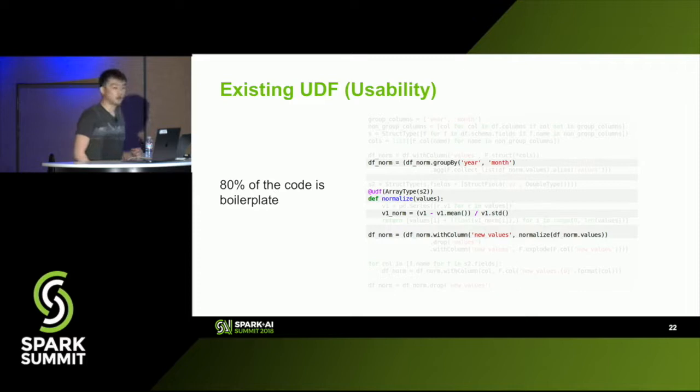If we look at the code highlights, this is the code that actually has meaning in this whole chunk of code, and over 80% of the code is just boilerplate. Those not only cause huge usability issues, they also cause performance issues as well.